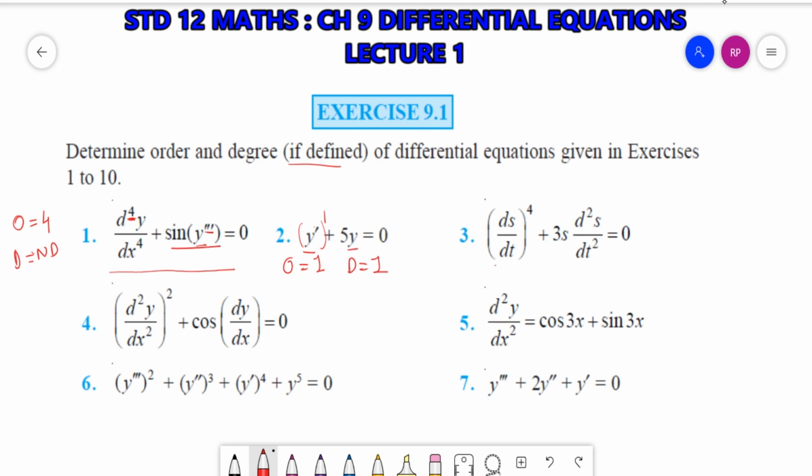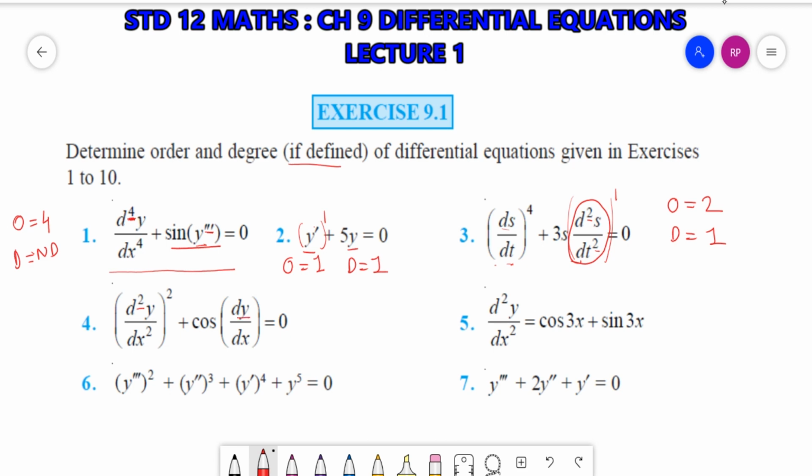In question number third, this is ds by dt, differentiated one time, and d square s by dt square, differentiated two times. So the highest order derivative is this one, so the order is equal to 2. And its power is 1, so the degree is equal to 1. Clear? Fourth one. See, d square y by dx square is differentiated twice, dy by dx differentiated once.